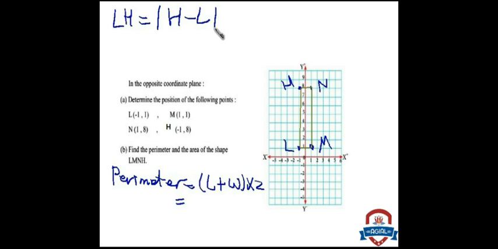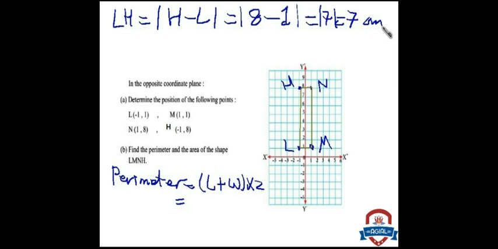H equals 8 and L equals 1. So the absolute value of 8 minus 1 equals the absolute value of 7, and the absolute value of 7 equals 7 centimeters.